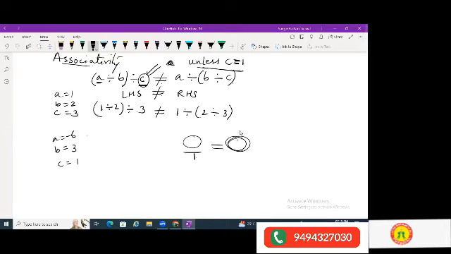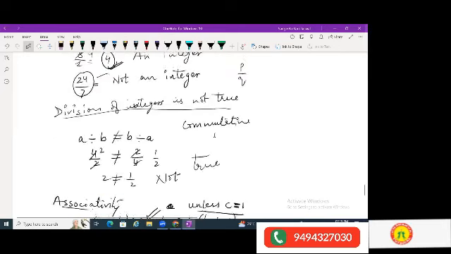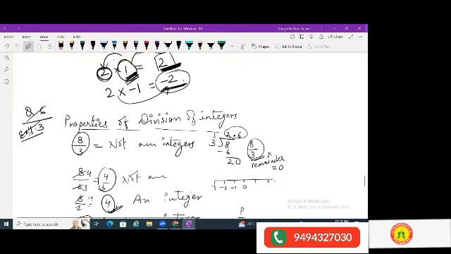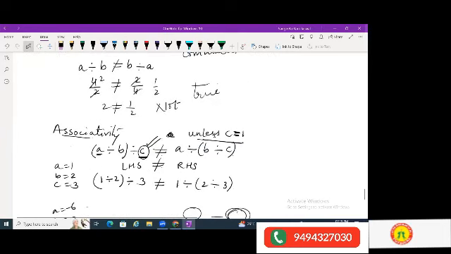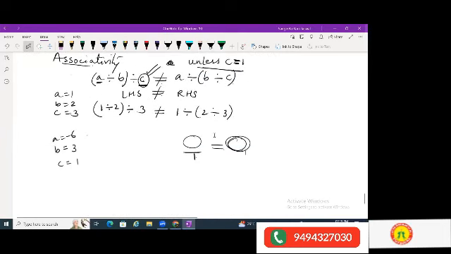Okay, so let's do now, coming to the exercise part. Now we had done these 3 properties over division. Divisions are not closed, divisions are not commutative, divisions are not associative, unless we have c equal to 1. When we have c equal to 1, then it can be equal, otherwise it is not equal. Ma'am, b is equal to 1?